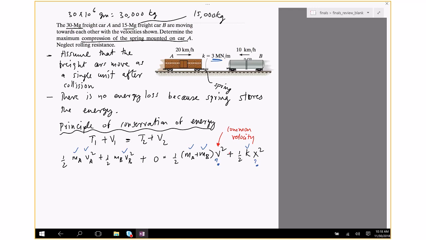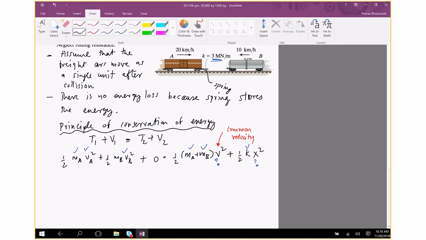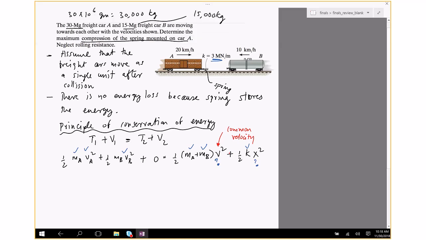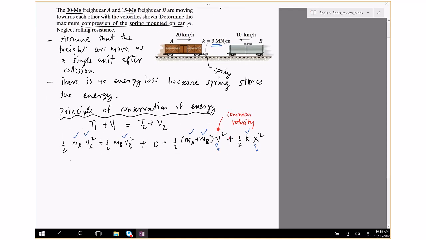Conservation of momentum would be the one. So no matter what, the momentum is always conserved in a collision, if there are no external forces. So we assume that when these two freight cars collide, the forces during the collision are internal to the system, and so if you look at the complete system as a whole, then the momentum is conserved.